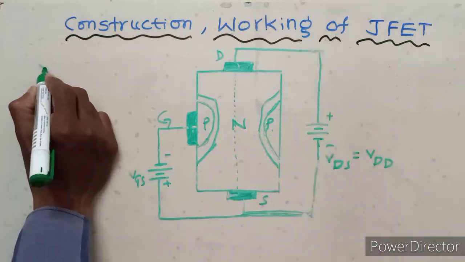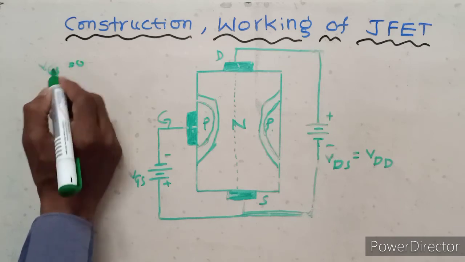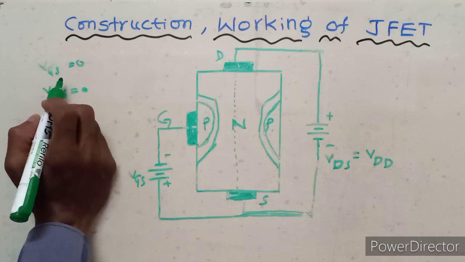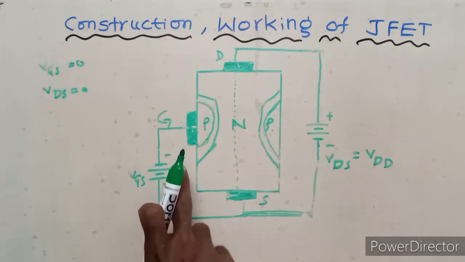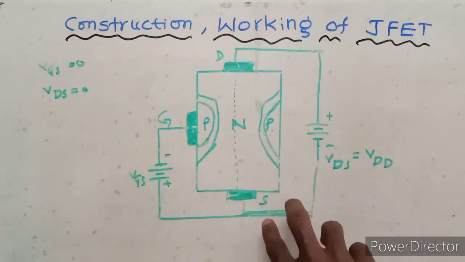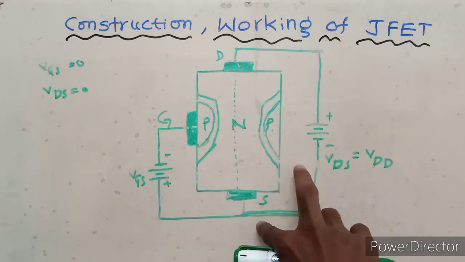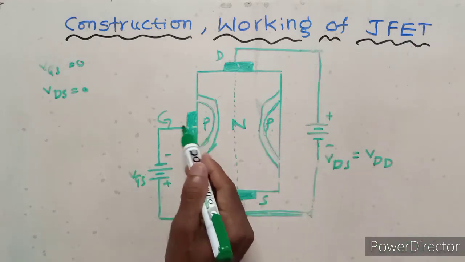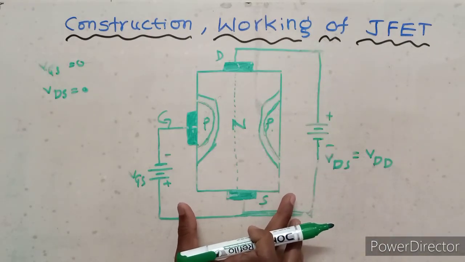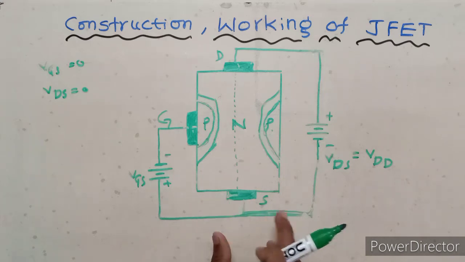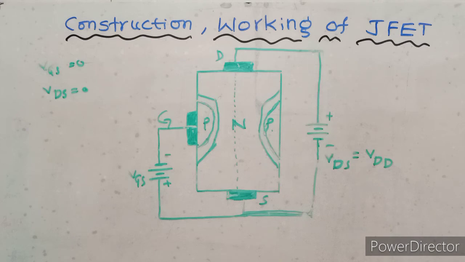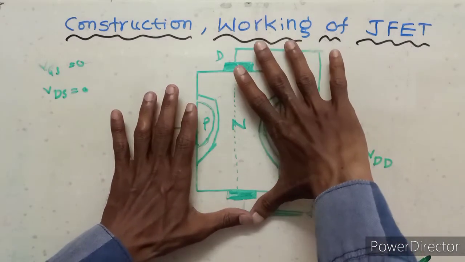Okay, so here there are three conditions. The first one is VGS equals 0, VDS equals 0. Here the voltage between gate and source is zero, and the voltage between source and drain is zero, so there are no connections.